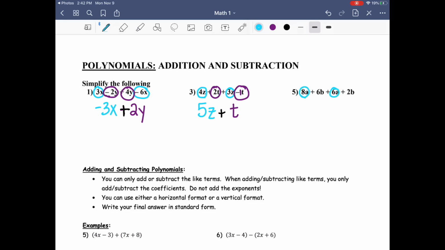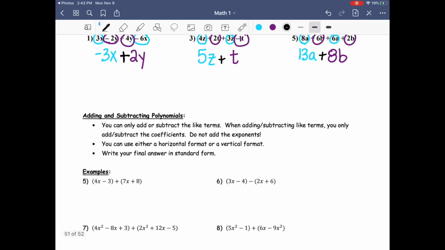All right, and our third problem, so we're going to add together 8a and 6a, so that's going to give me 13a. And then we have 6b and 2b, so add those together, and that's going to give me 8b.